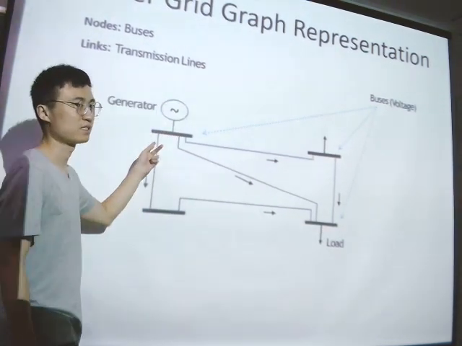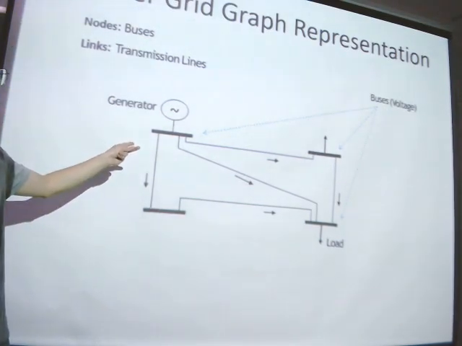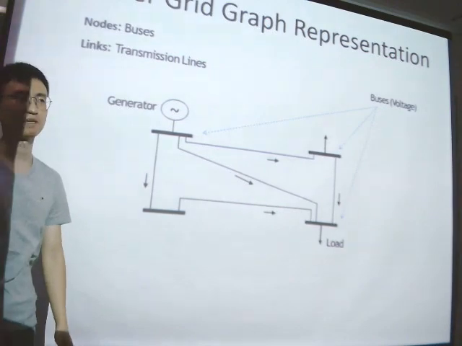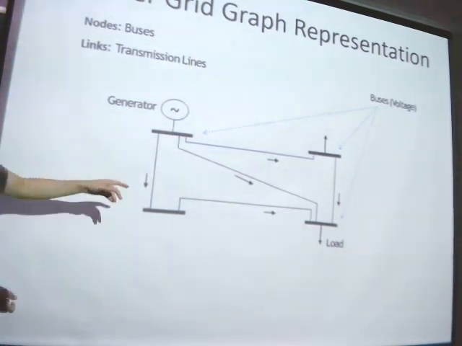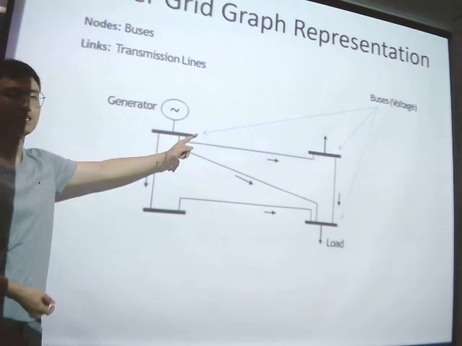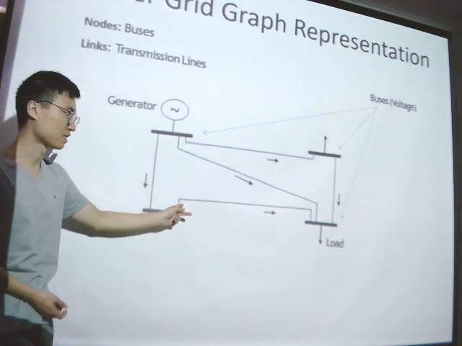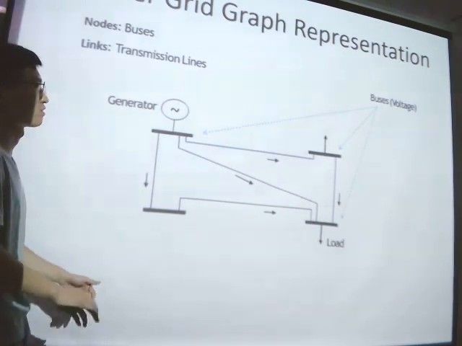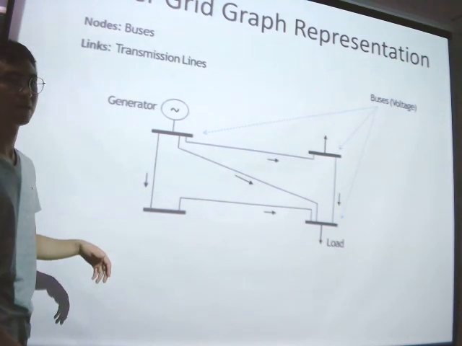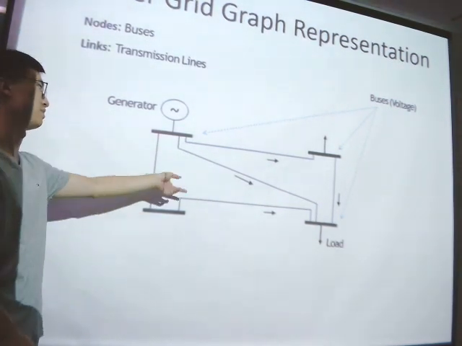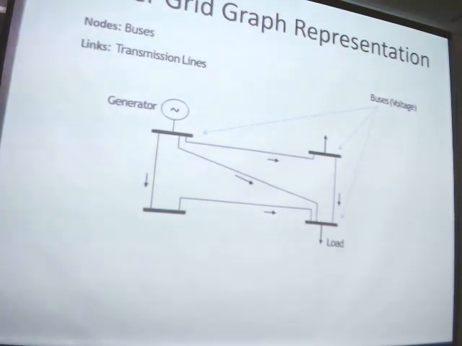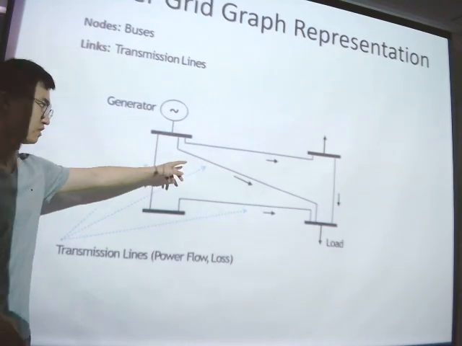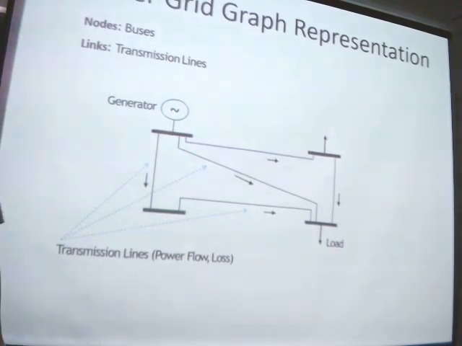The bus is also what we call the nodes in our power system. The links between the different buses are transmission lines, which are used to transfer or send the power flows, so the power flows here.